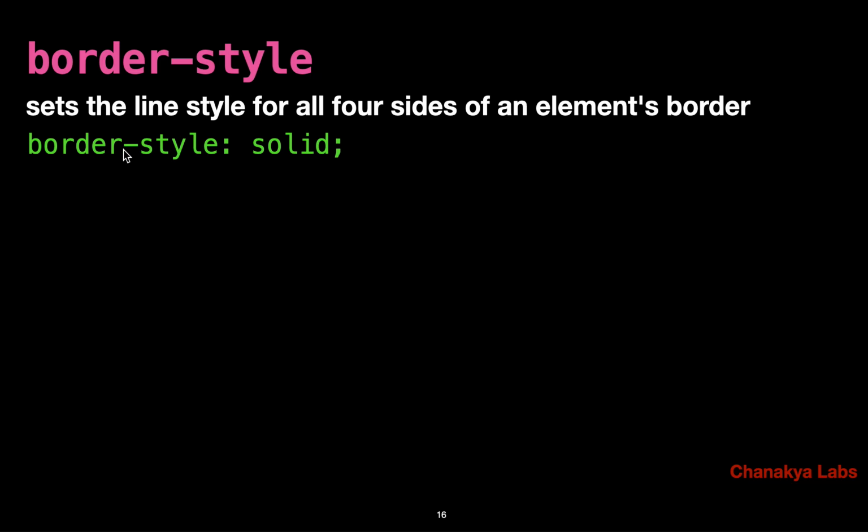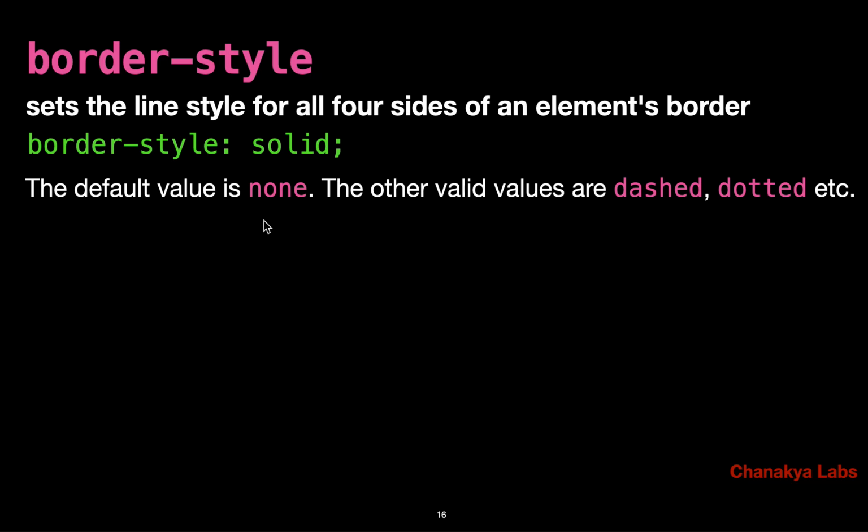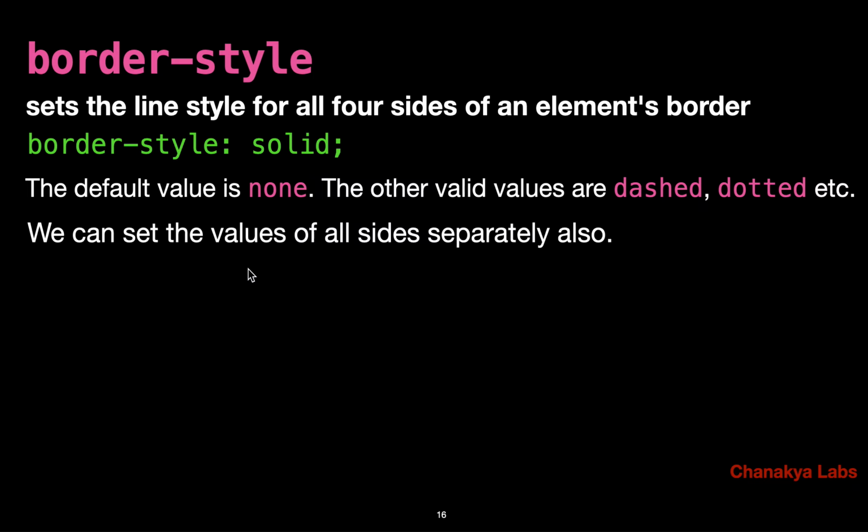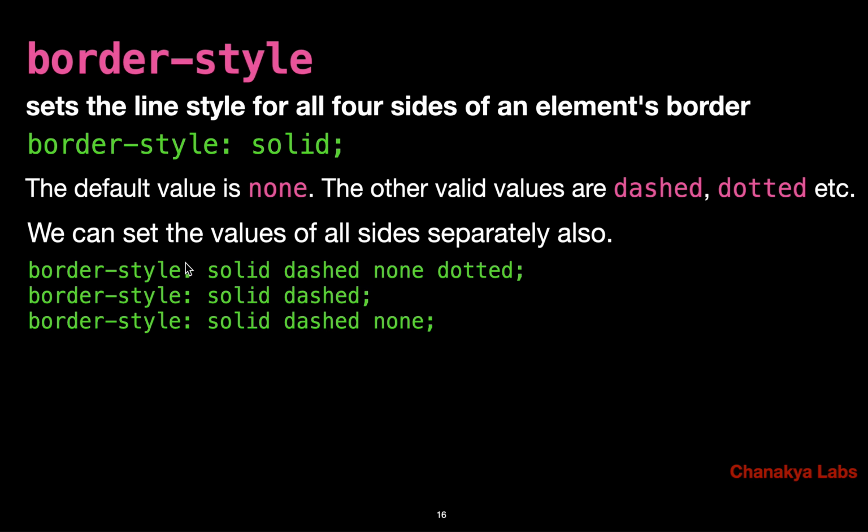So we can set border styles specifically in this way, and you can have other values like dashed, dotted, etc. The default value is none, as we mentioned earlier, and that's why it was compulsory to give it: if you don't give it, by default there is no style, which means it will be invisible.